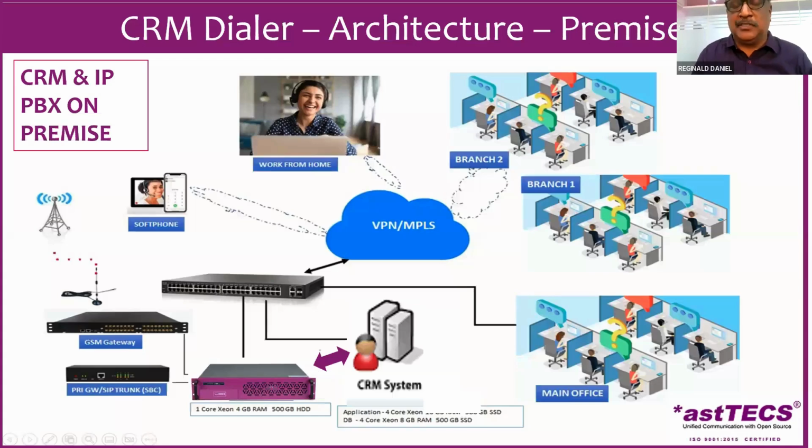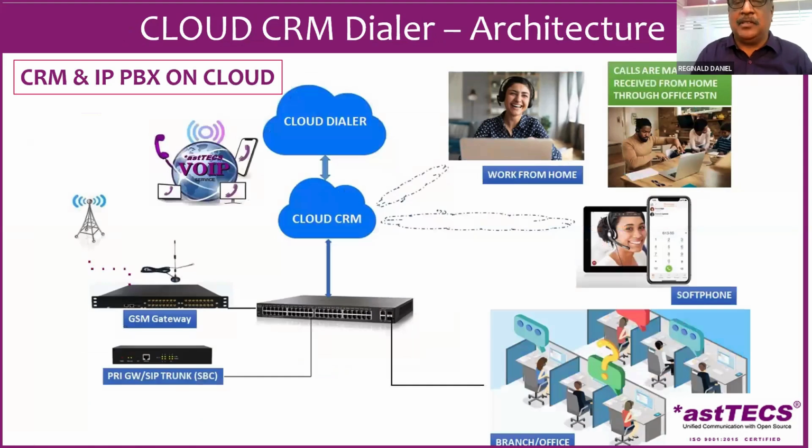You can have both CRM and the IPPBX on your premises, and the users can log in from remote branches through the VPN. This is another kind of architecture. Or you can have both on the cloud, the CRM on the cloud and the dialer also on the cloud. The dialer can have the trunk, either VoIP or your normal telecom line, and users can log in from anywhere and transact through the CRM.